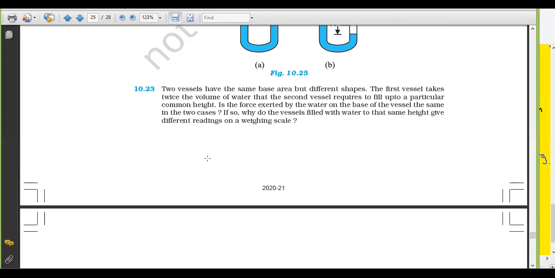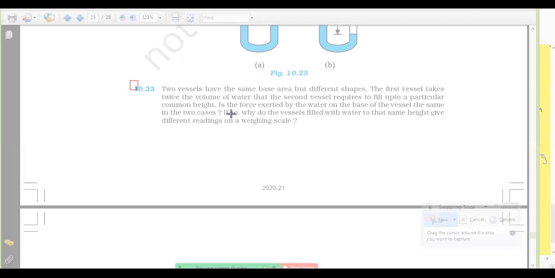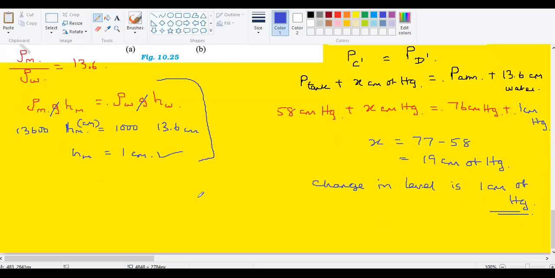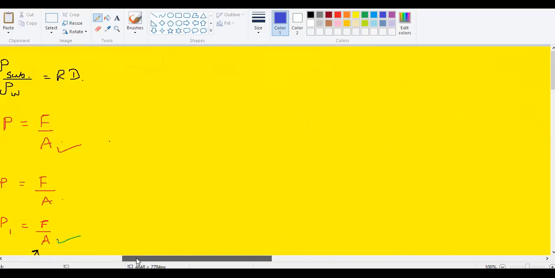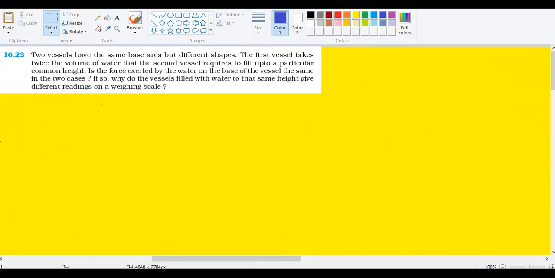Okay, let's quickly read through this. Two vessels have the same base area but different shapes.